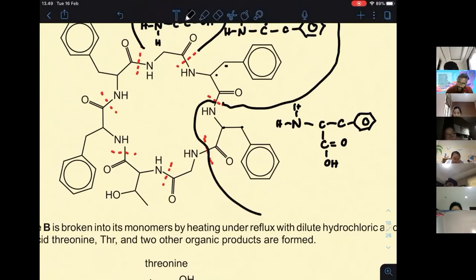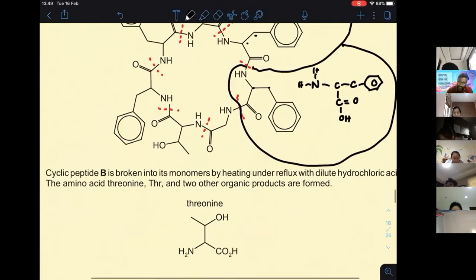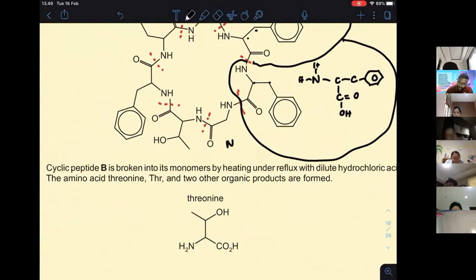So this one belongs to this. Next, NH2 bonded to this carbon, then another carbon, double bond O, OH.